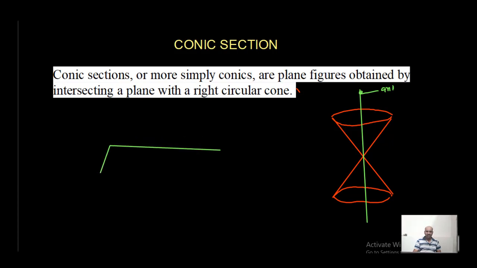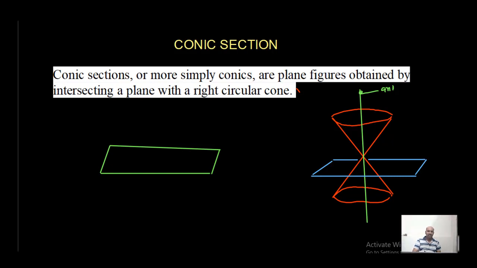And this is just like a plane. See the definition: the figure formed by intersecting a plane with a right circular cone. It means you want to cut this cone using this plane. Now I want to cut the cone with the help of a plane.